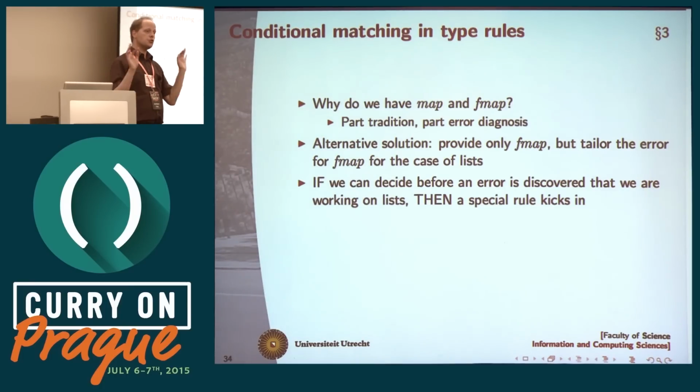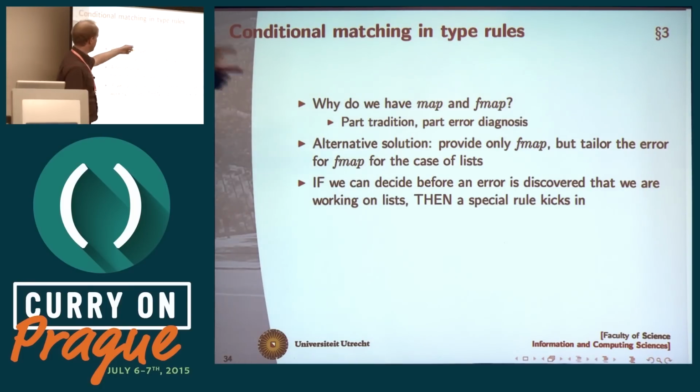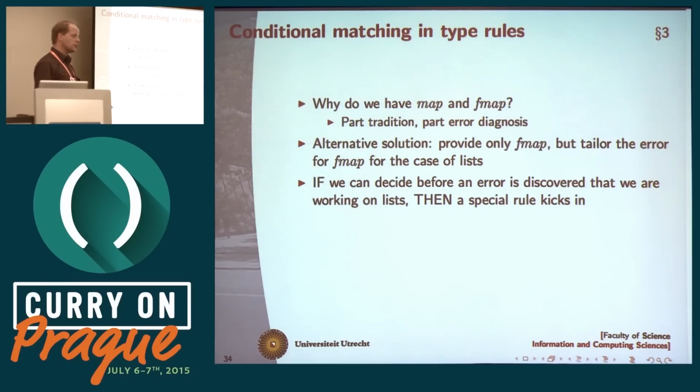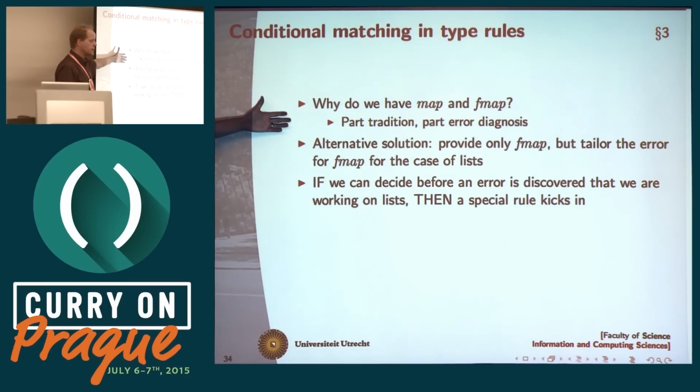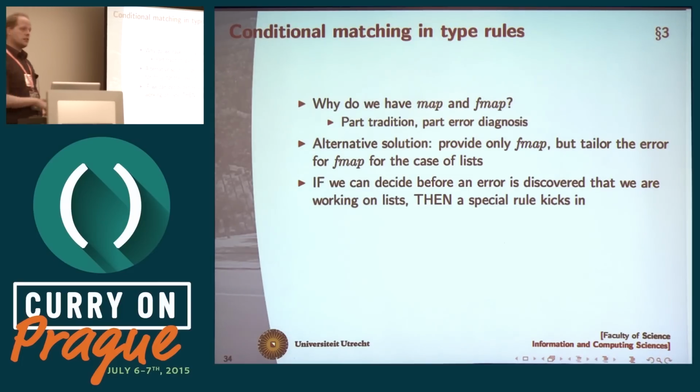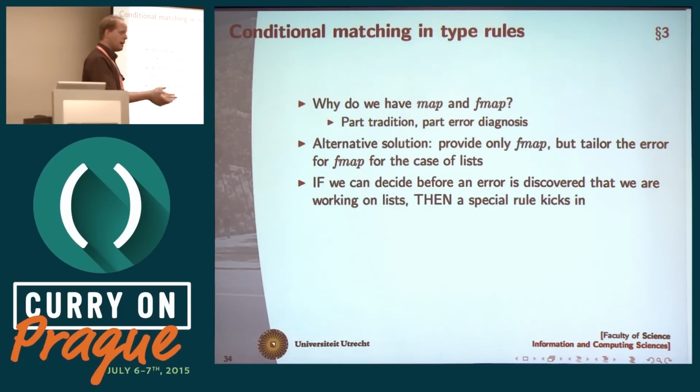So, why do we have map and fmap? Yeah, so map is the usual list traverser, and fmap is the one that is in the functor class. Well, part of it is tradition. Map was there before functor was there. But you might also say, well, why not get rid of this map and just use fmap all over the place? Well, one reason is error diagnosis. If a student comes to me and starts to learn about functional programming, they apply map to lists.